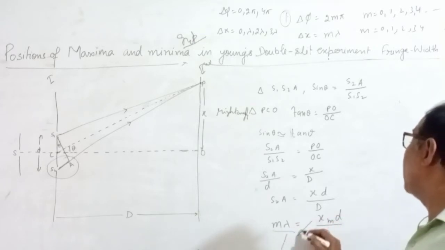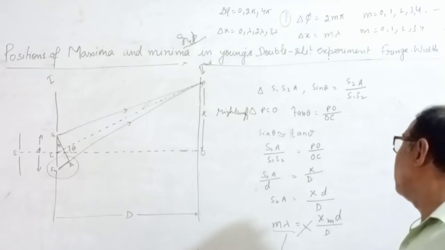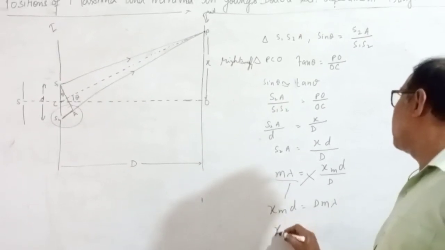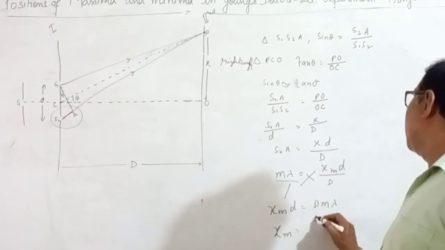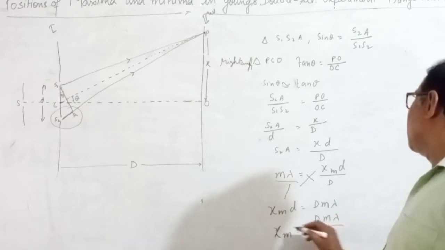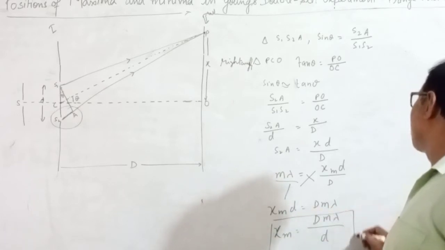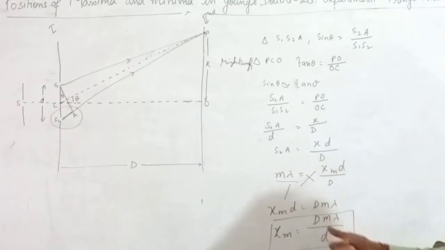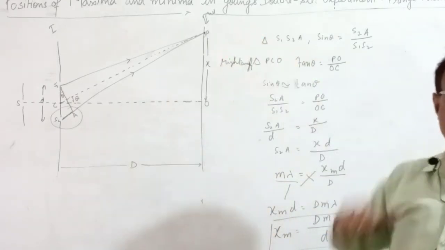Now you cross multiply this. xm d equals D m lambda. So xm equals D m lambda upon small d. This is the position of the mth bright fringe.